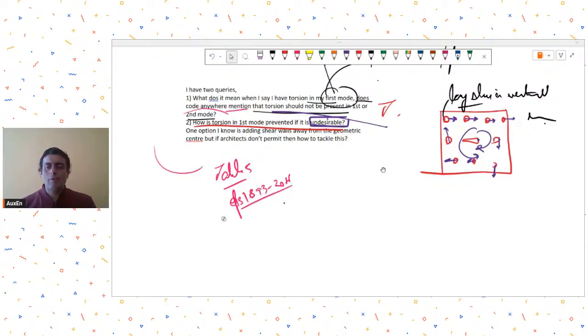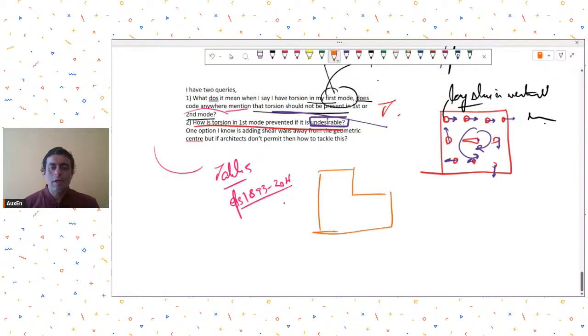Up to certain levels, the code allows the building to have plan torsion effects, but beyond a certain level, it does not allow you to have so. Then it needs revision in the structural configuration. For example, if your building shape is this, no amount of playing around with the configuration will help you to remove the plan torsion effects.